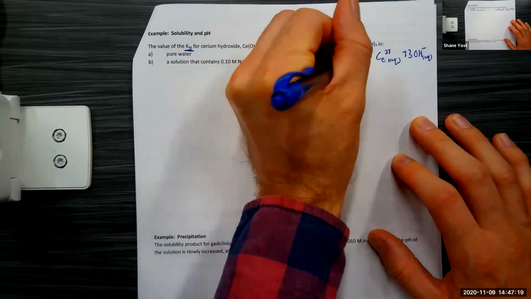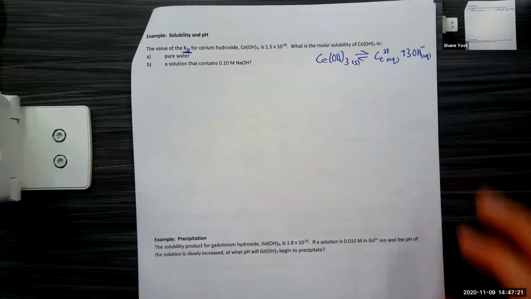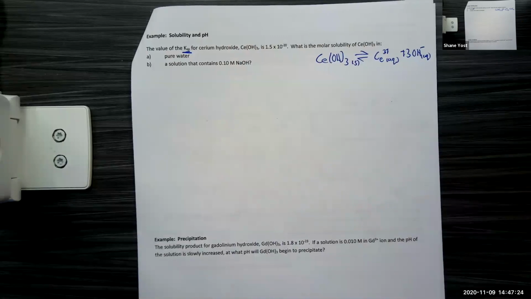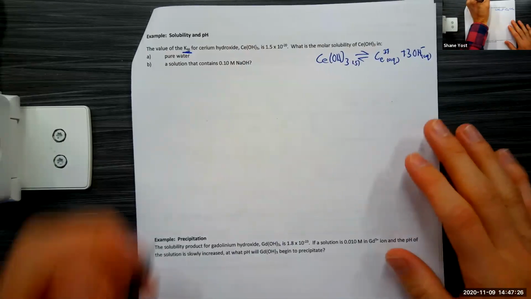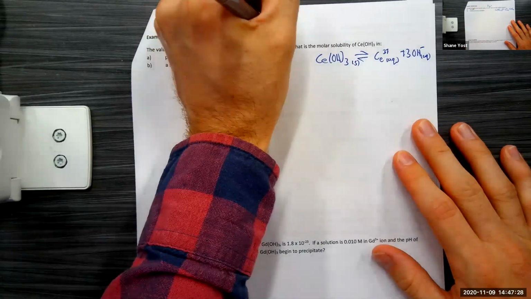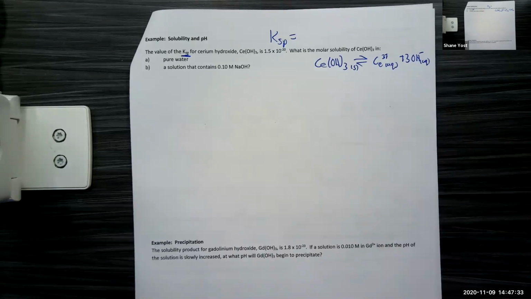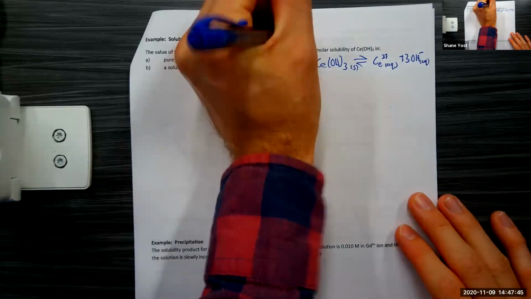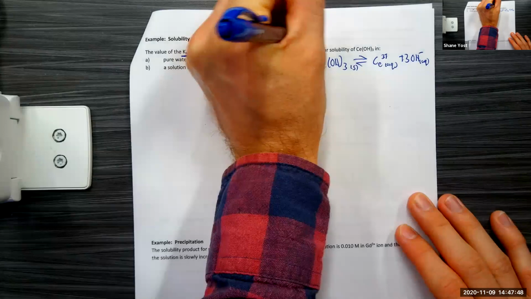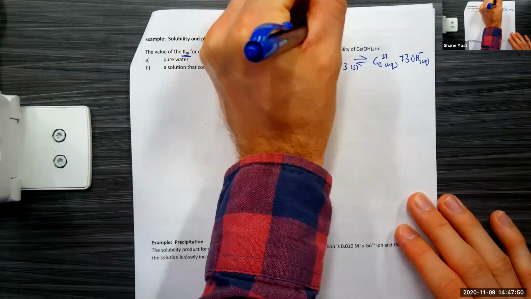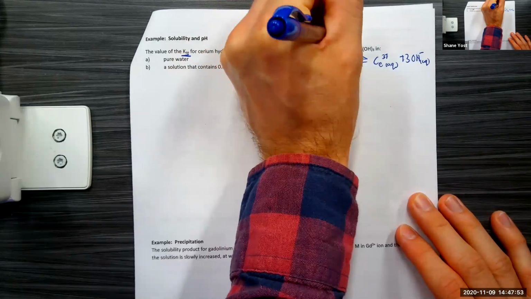The Ksp expression is going to equal what? Not numerically, but the expression for it? Ce3+ and then OH- cubed. Yeah, OH- cubed.